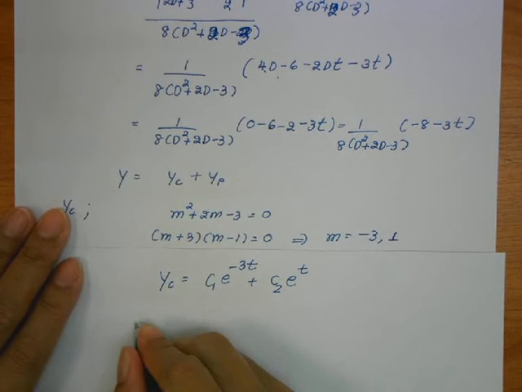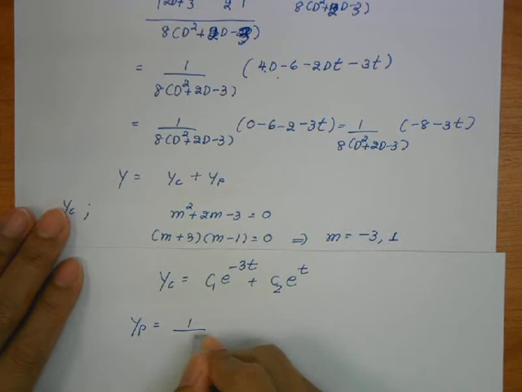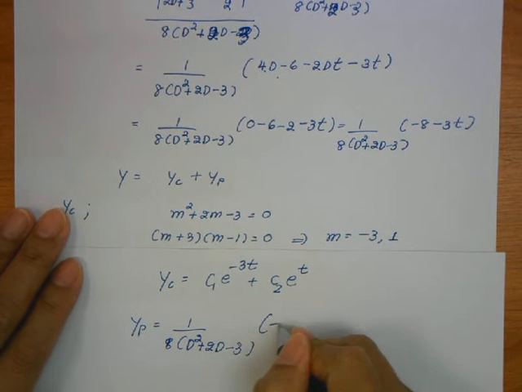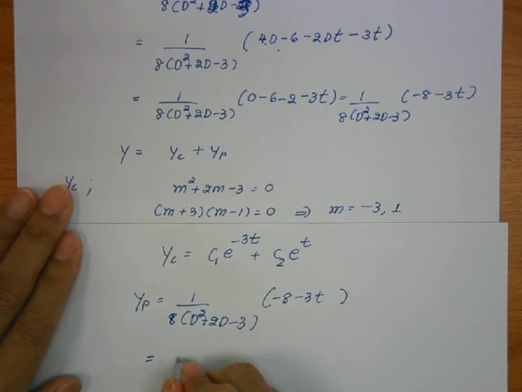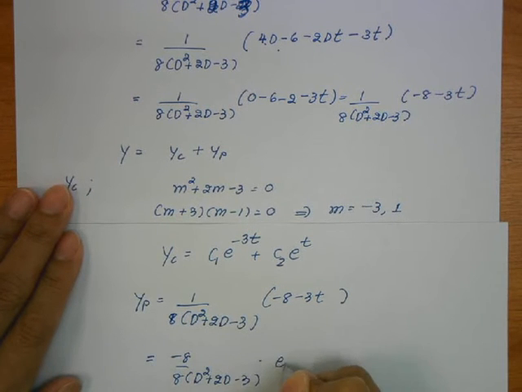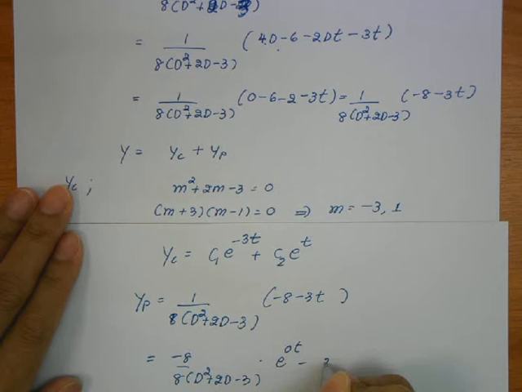Now we find yp, 1 over 8 times D squared plus 2D minus 3. The function is pretty much the same, so you don't need to do the dividing again.